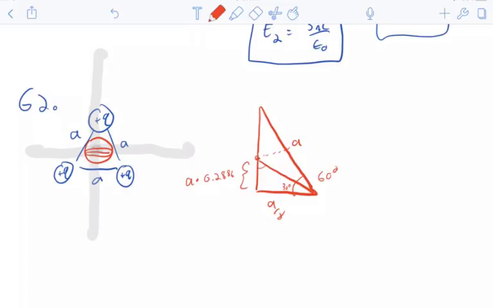All right. So just to dot our I's and cross our T's, the distance from the middle to all of the corners of the equilateral triangle is A times 0.577. So our first sphere is definitely enclosed.